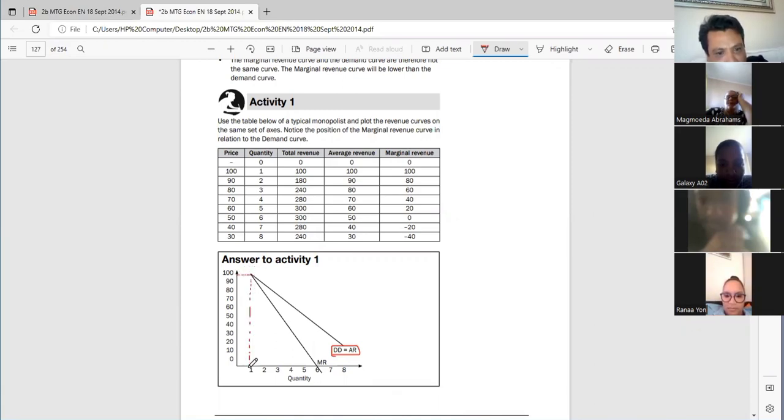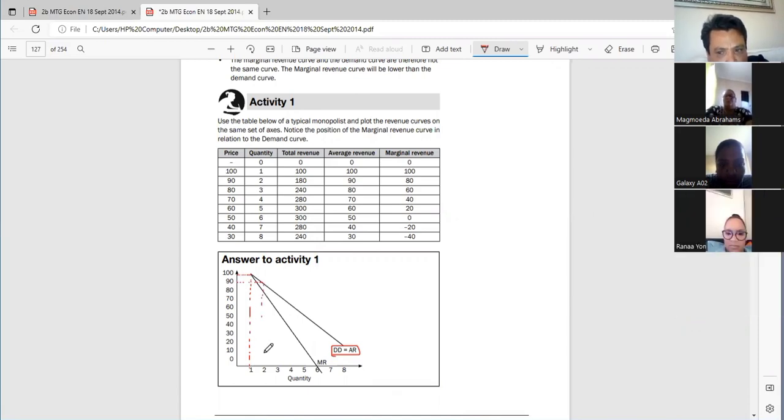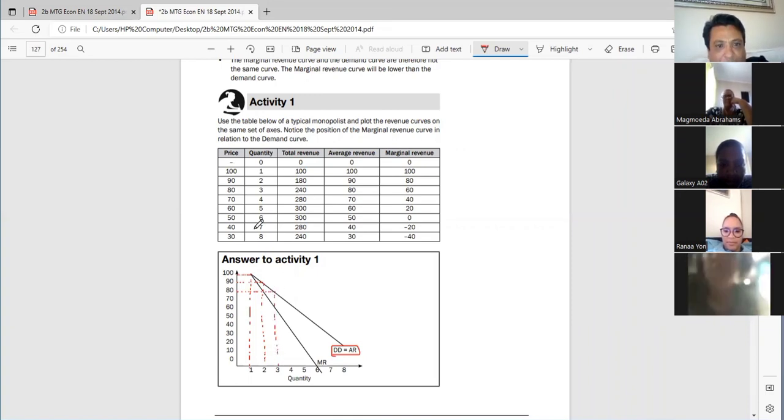When the quantity was 1, the price was 100. When the quantity was 2, the price was 90. 80 is what? 3. Look on the table. So in other words, if the price comes down, people buy more. Can you see that?